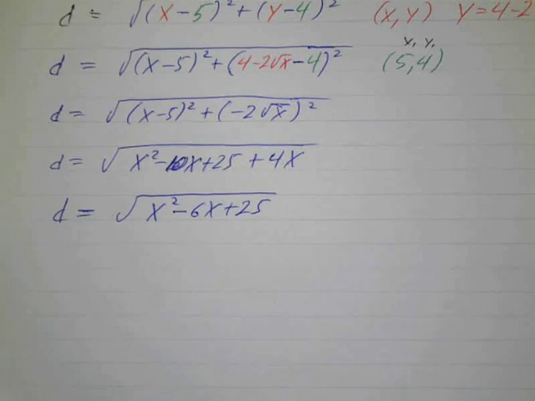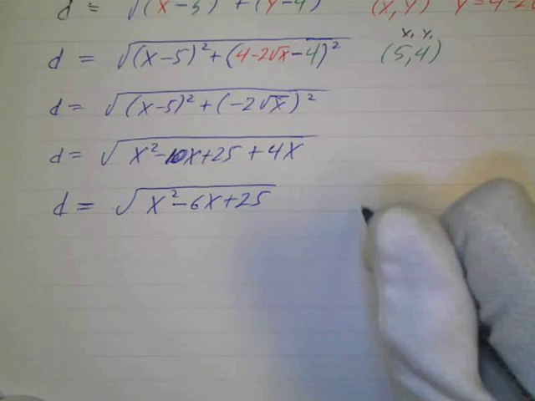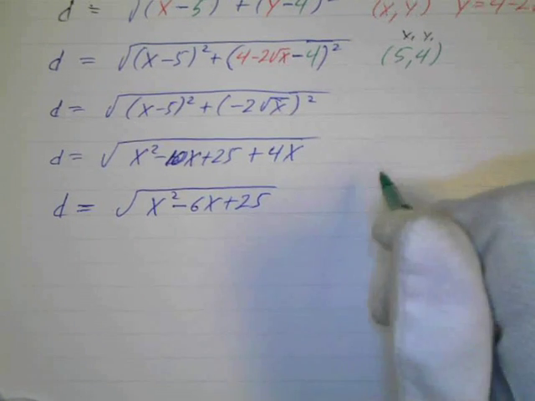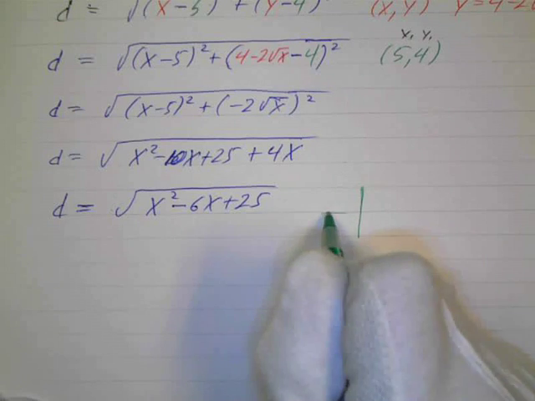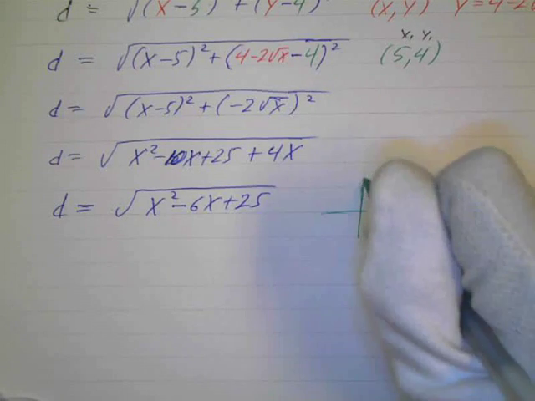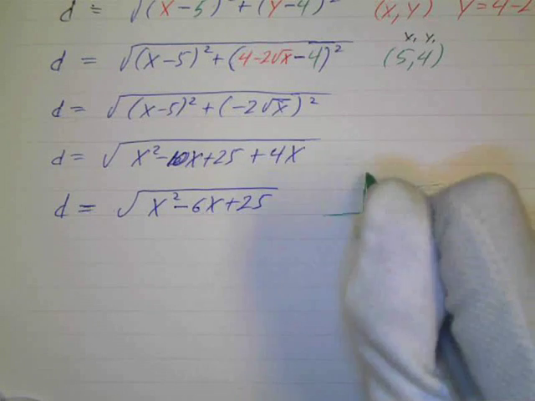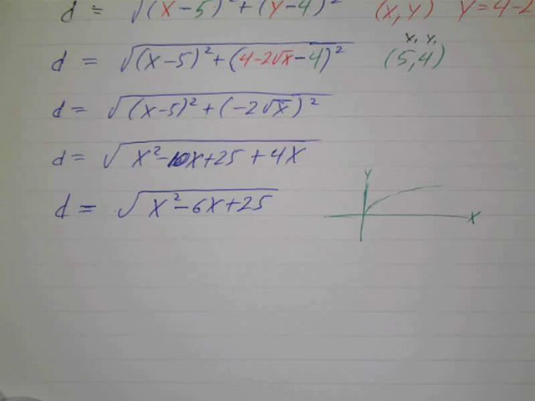Now, if you think about the square root function, it's a one-to-one function. All right? And it's also monotonic. It's always increasing.